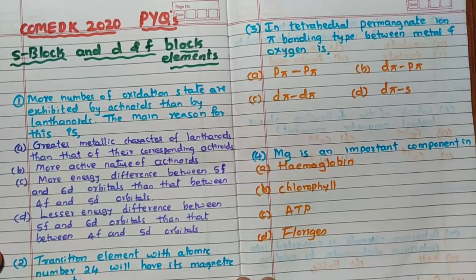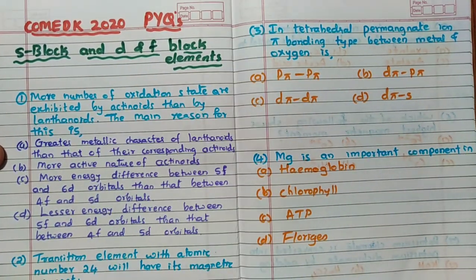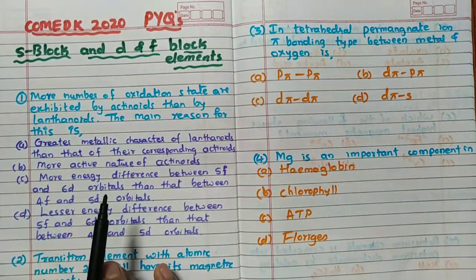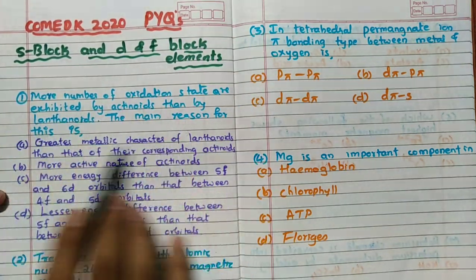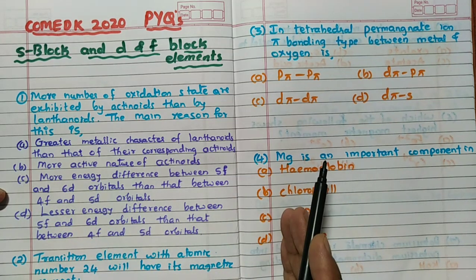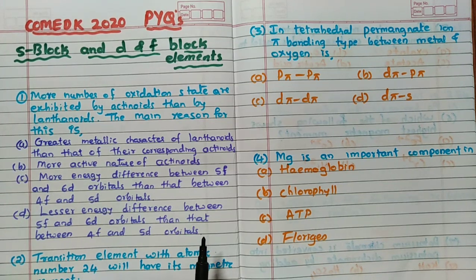Fine. Now, in this case, first question, more number of oxidation states. More oxidation states are exhibited by actinides than by lanthanides. Which means if you compare actinides and lanthanides, actinides are showing maximum oxidation states. Give reason. See, always remember in such questions they can ask about lanthanides also and d block elements also. The main reason for that is whatever valence shell orbitals are there, those valence shell orbitals will have very less energy difference.